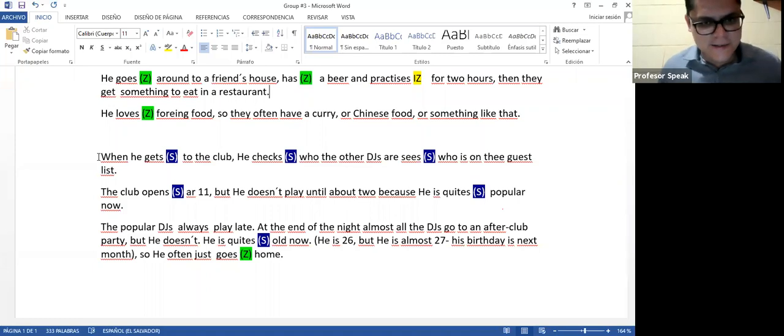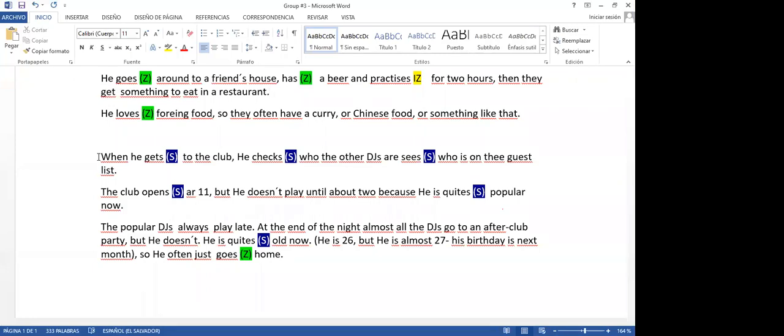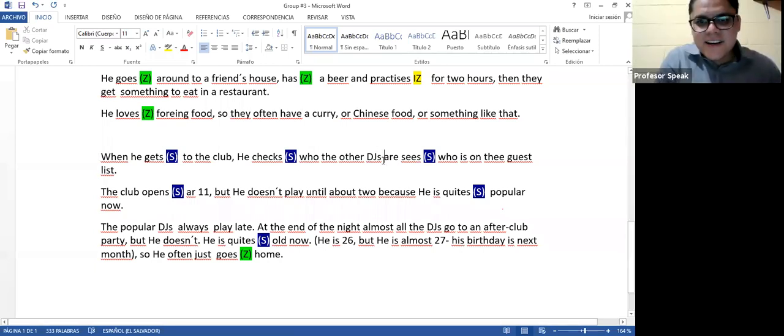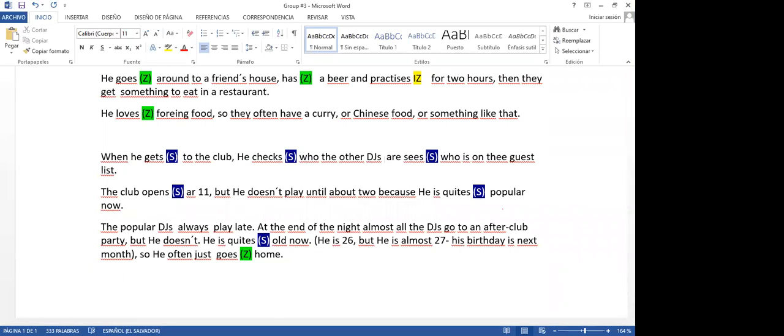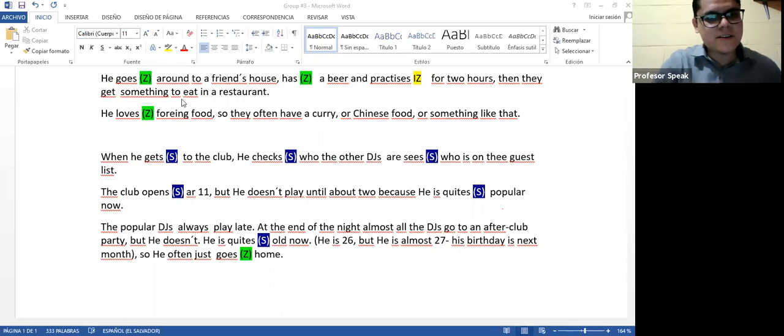When he gets to the club, he checks who the other DJs are, sees who... Let's stop right there, Herbert. DJs. What is the pronunciation for the letter S?